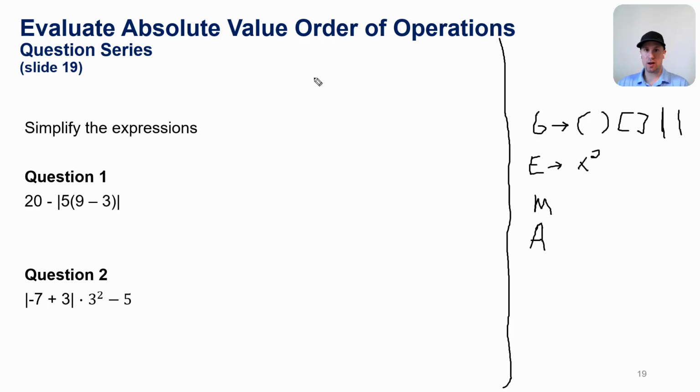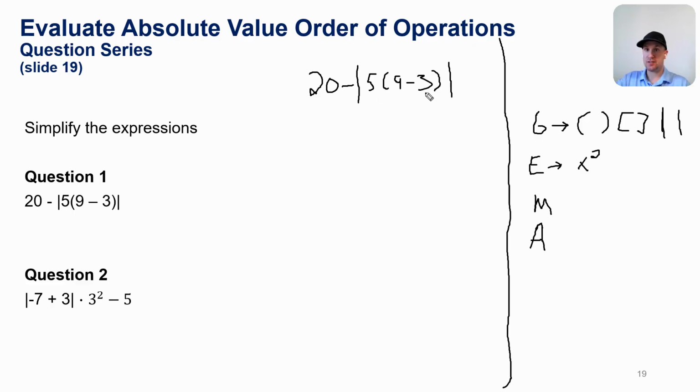So question number 1 is going to be 20 minus, oops, that didn't come out so well. Let's try it again. 20 minus the absolute value of 5, parentheses 9 minus 3, in parentheses and then absolute value bracket. So for order of operations, I need to do what's inside the brackets first.